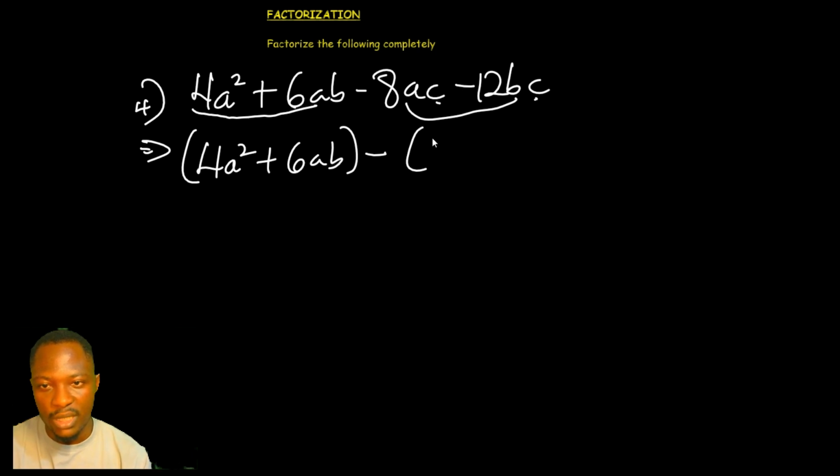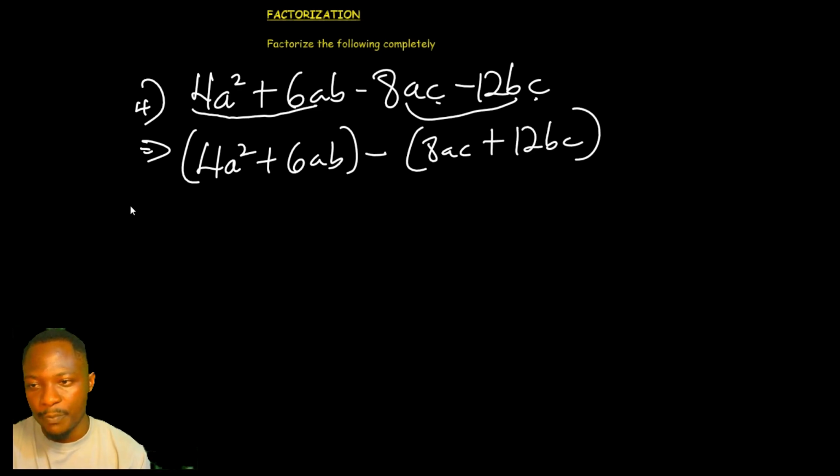So here is going to be 8ac plus 12bc. Now here, even though 4 is not a factor of 6, 2 is a common factor between 4 and 6, and also here we have a, which means that the term to factorize outside will be 2a.